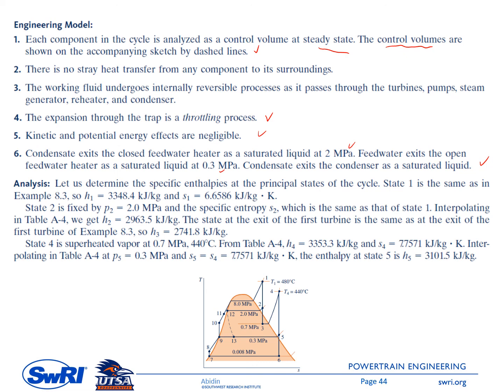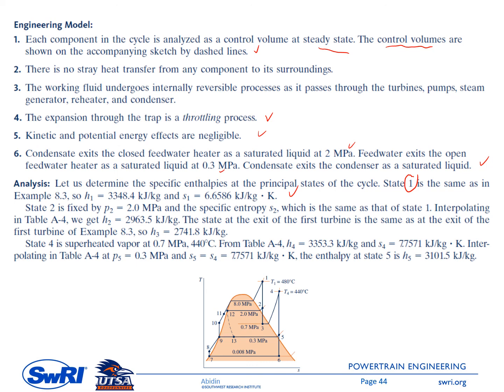Okay, the next step is to determine the state properties. We can start from state number 1. From state number 1, temperature and pressure are given, and we know these numbers from the previous example. Pressure is 8 megapascal or 80 bar, and the temperature is 480 degrees C. Using table A4, you should be able to get H1 and S1.